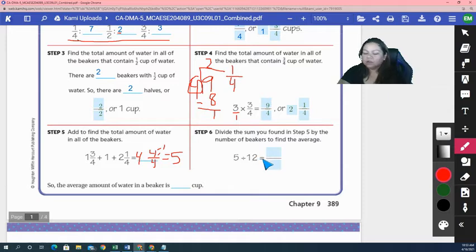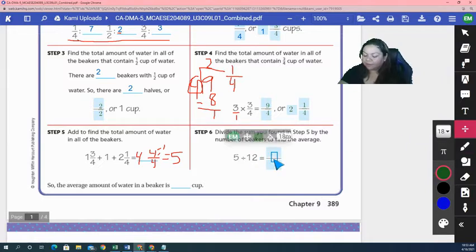So 5 divided by 12 is, remember that we can relate division to fractions. So that would be 5 divided by 12 is 5/12. And we cannot simplify that. So that means that our final answer is 5/12 cups.